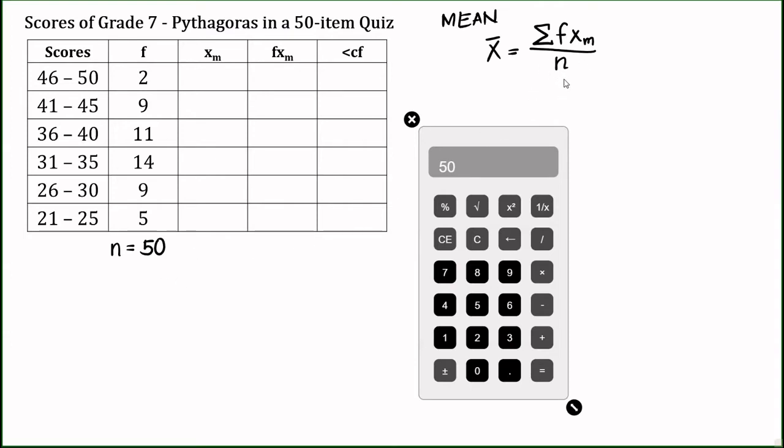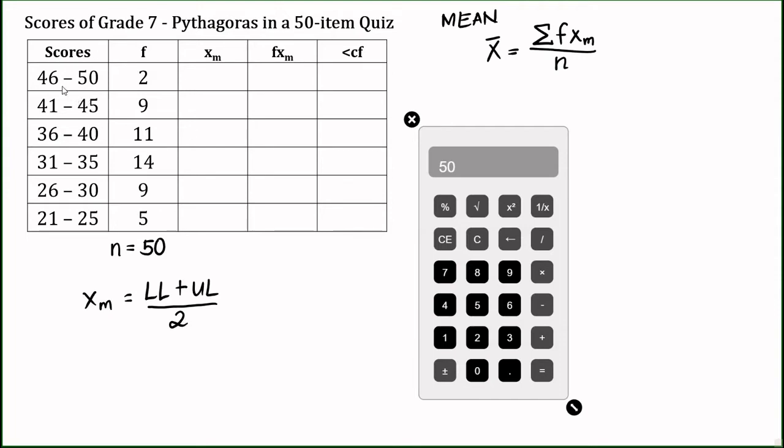So, proceed naman tayo sa x sub m. Okay? So, ang x sub m po ay class mark, which is the average of the upper and the lower limit. So, lower limit plus upper limit divided by 2. Okay, so meaning, i-add po natin yung lower at upper limit ng isang class and then i-divide po natin sa 2. Okay?